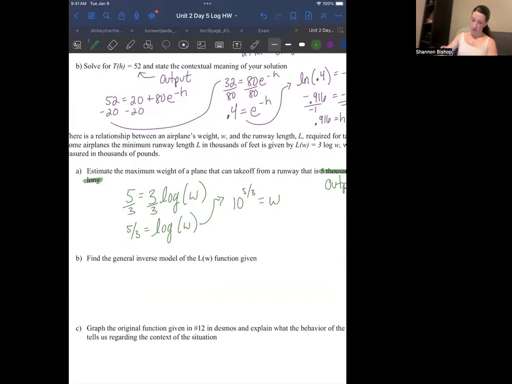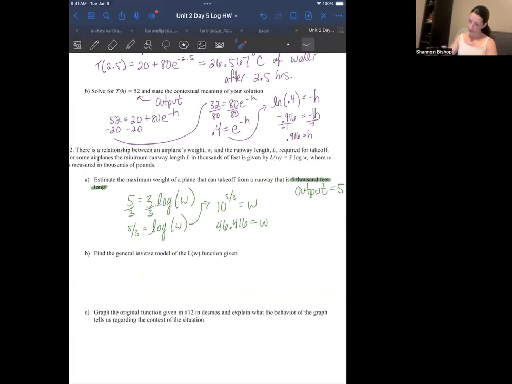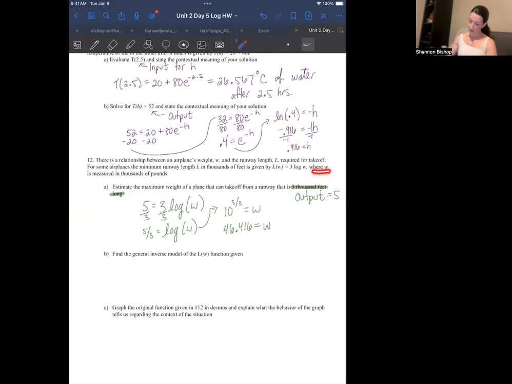So 46.416 is the weight. In terms of context here, remember that the weight, I believe, was also in thousands of pounds. Yes, W, thousands of pounds.